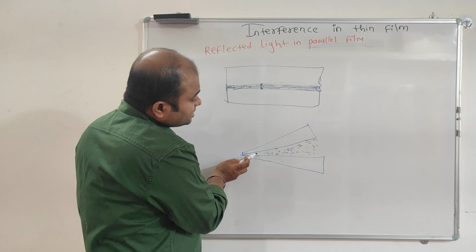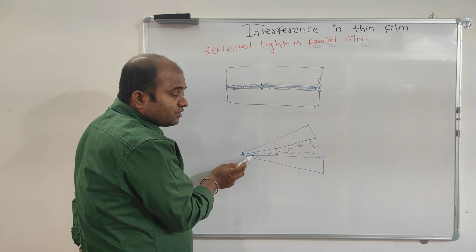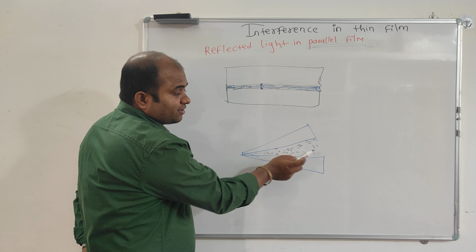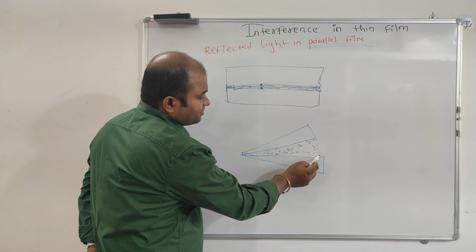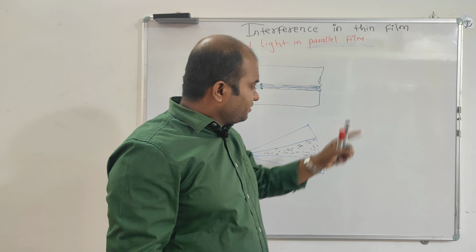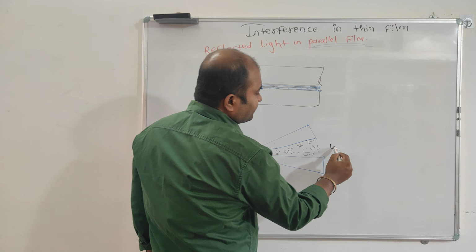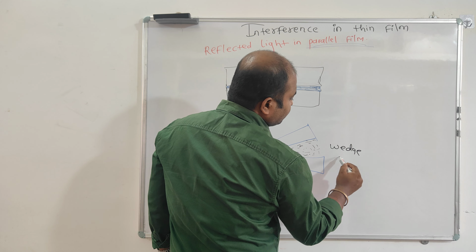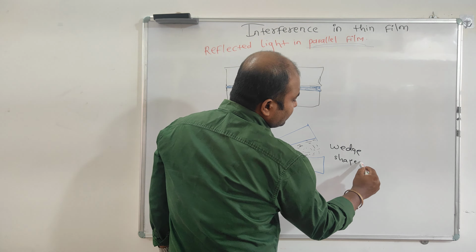Here you are seeing the thickness changing as you move from left to right. So this thickness varies, and it should not be considered a parallel film; rather we call it a wedge shaped film.